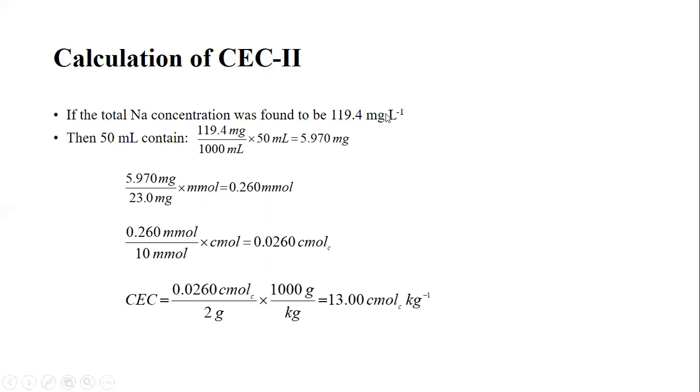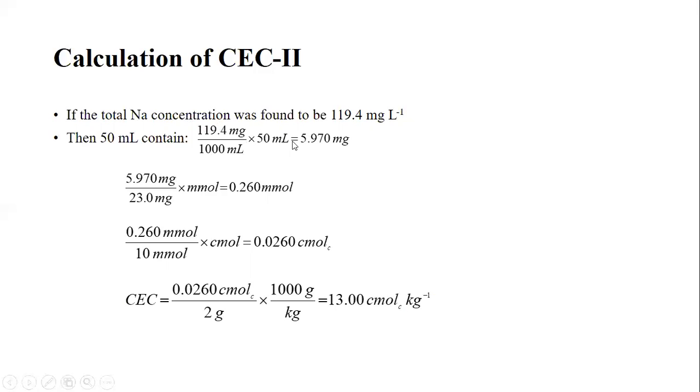This is concentration. It's given in milligram per liter. We don't have a liter. So you say 119.4 milligram per 1000 milliliter, which is the liter, times 50. So you want to know how much of this amount is found in a liter, in 1000 ml, but I have only 50 milliliter.